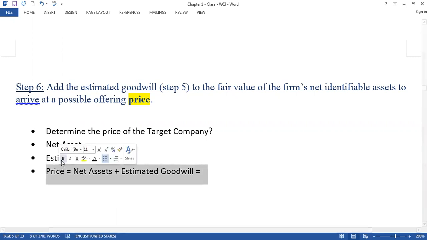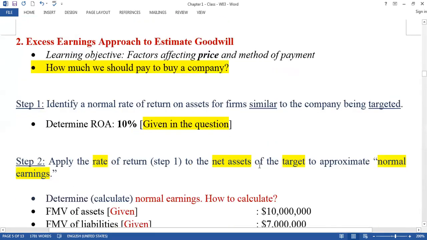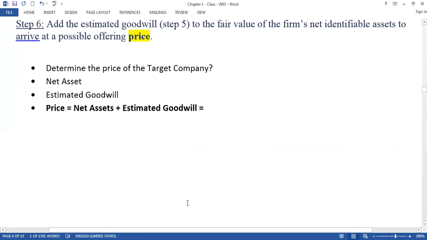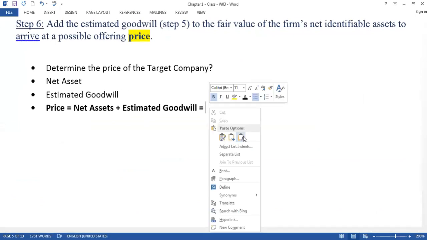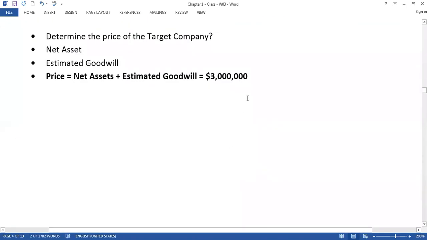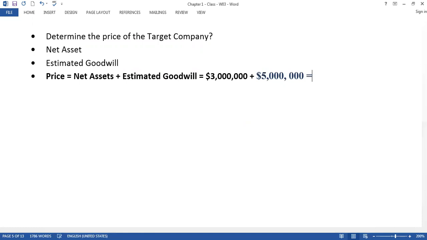This is the formula. We already know the net asset based on step 2: net asset is $3 million. And we know our expected goodwill, $5 million. So the price of the company is $8 million.